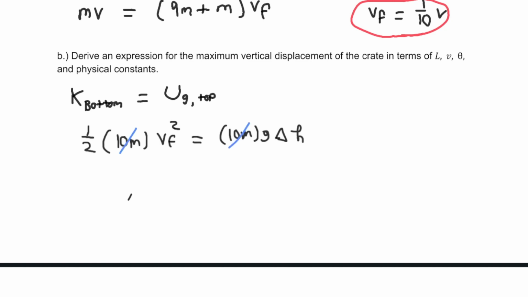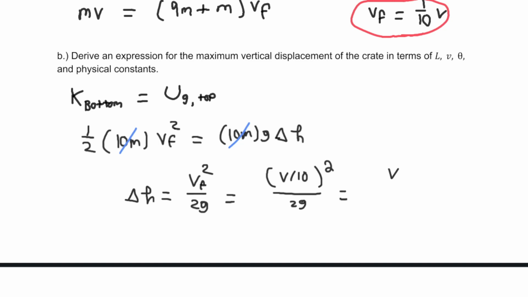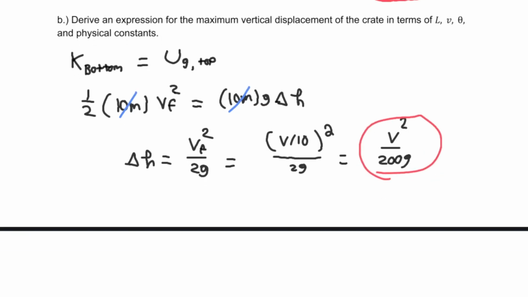So we get delta h is just going to be Vf squared divided by 2g. But we actually found Vf in the previous part and even told us that Vf is just going to be V over 10. So we get V squared over 200g as our maximum vertical displacement. And we didn't even need theta.